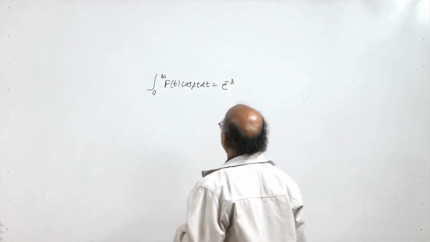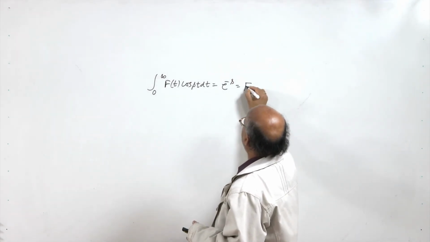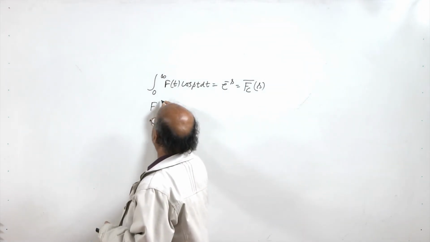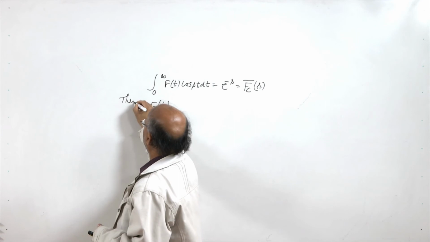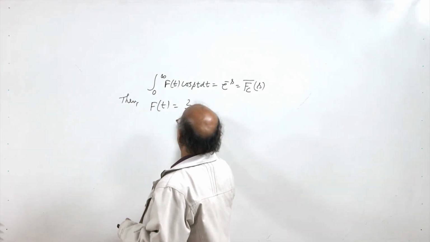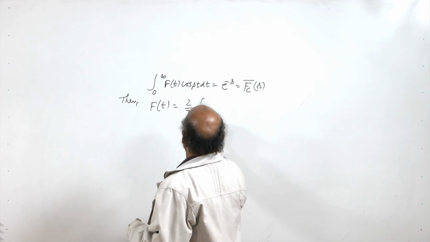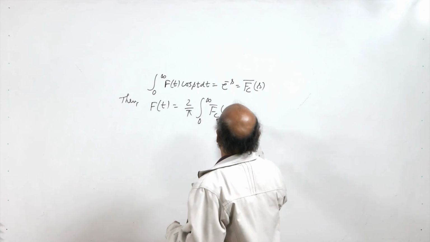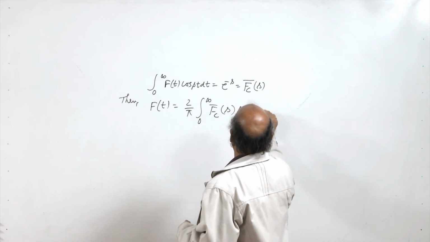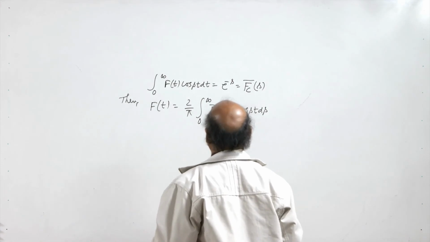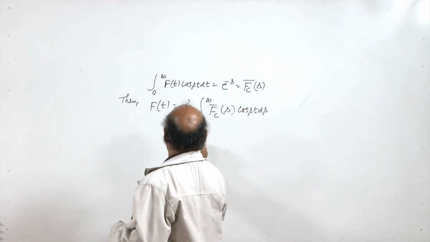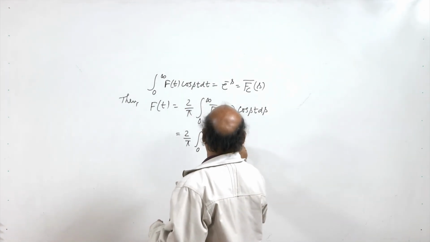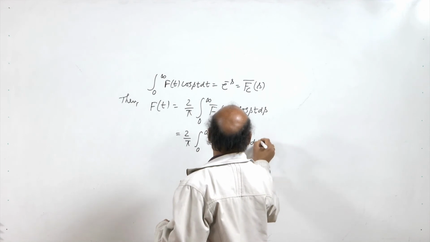So again we are given the Fourier cosine transform, which we denote by F̄_c(s), then the unknown function f(t) is given by 2 over π times the integral from 0 to infinity of F̄_c(s) cos(st) ds. So this is 2 over π times the integral from 0 to infinity of e to the power minus s cos(st) ds.